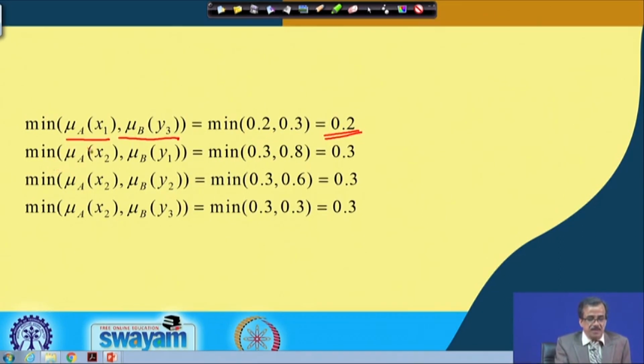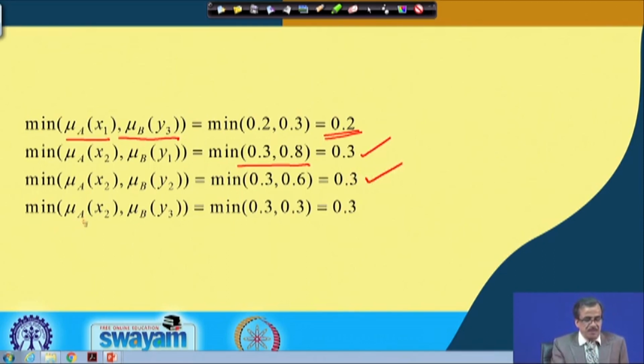Next is the minimum between mu A(x2) and mu B(y1), that is between 0.3 and 0.8, which is 0.3. Next, the minimum between mu A(x2) and mu B(y2), that is between 0.3 and 0.6, is 0.3.